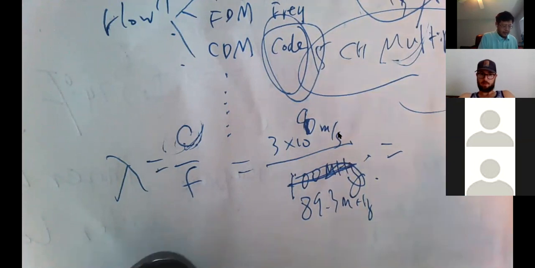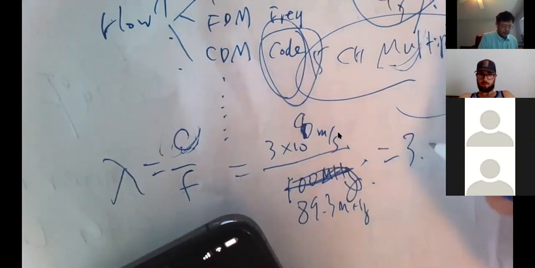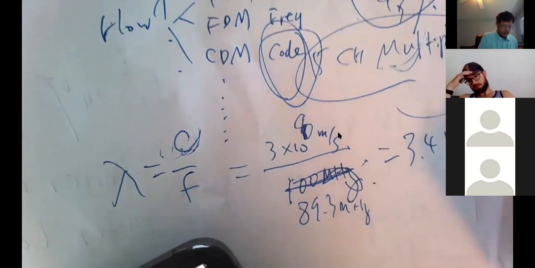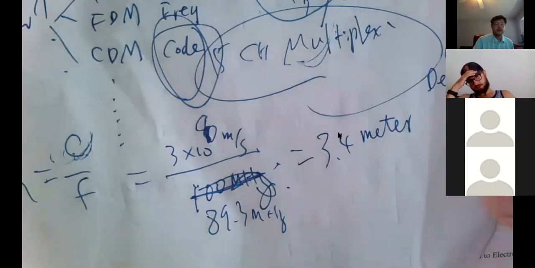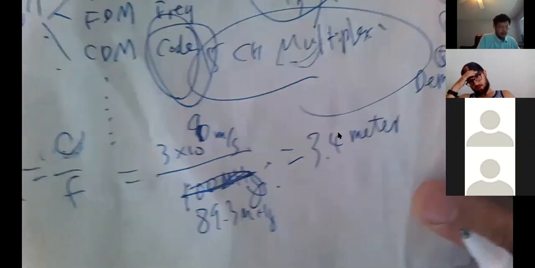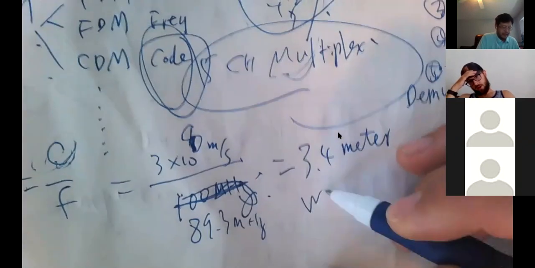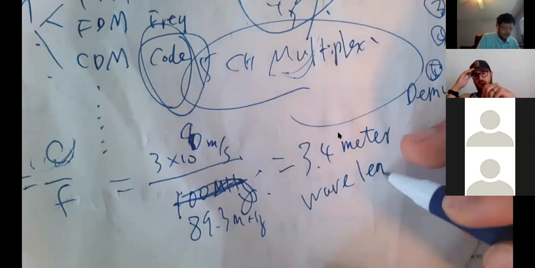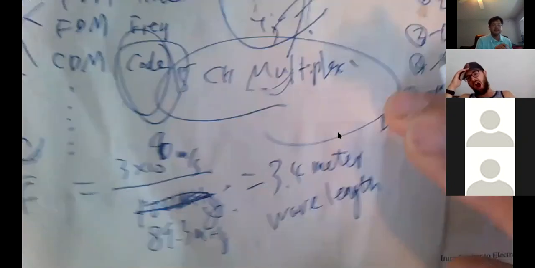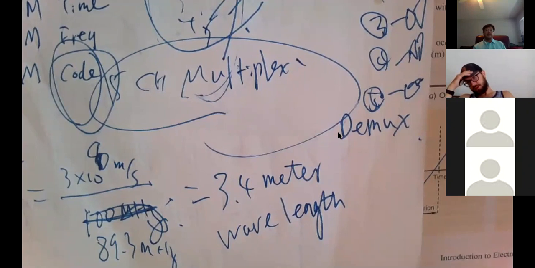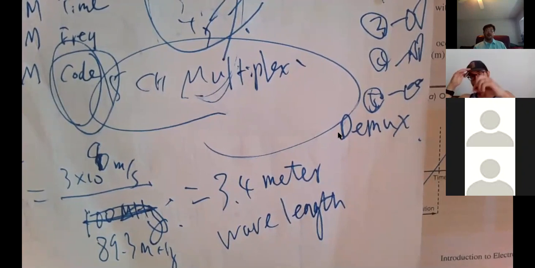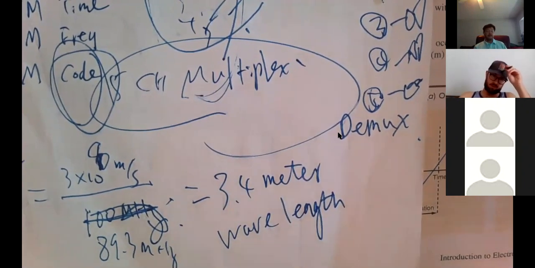The lambda is 3.4 meter. That's called wavelength. So the wavelength of this station is 3.4 meter.